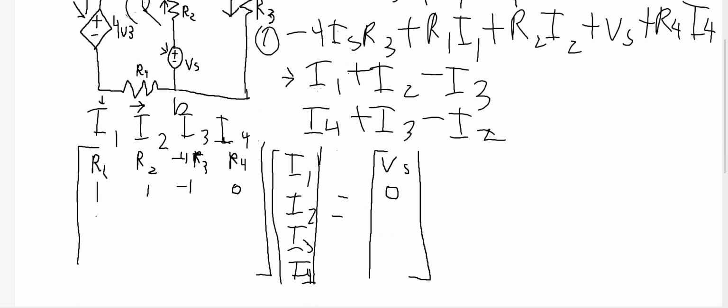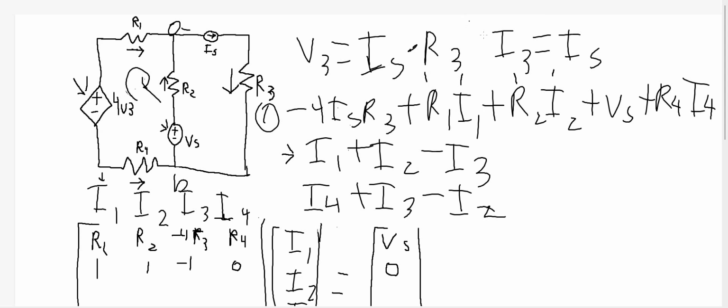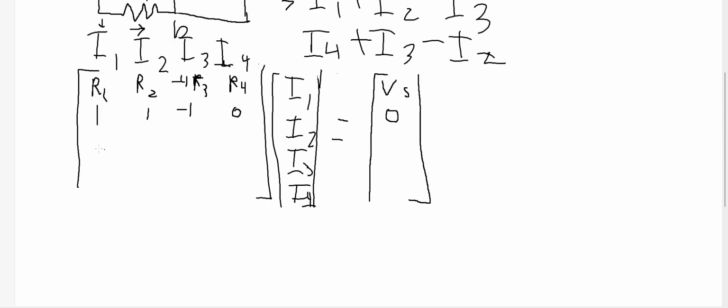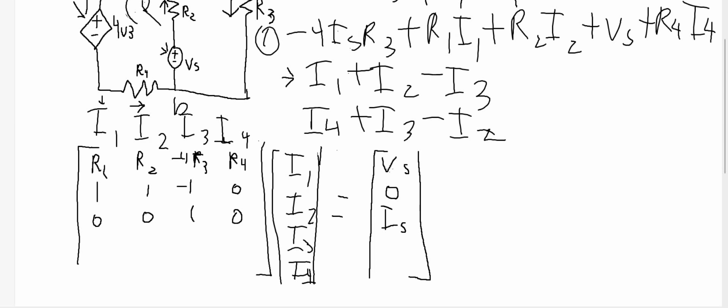And then for the next one, we can plug in our equation right here and get a 0, a 0, a 1, and a 0, because this guy is the only one that affects the current there. And we plug in IS here because it's just directly on the same line. There's only one thing there.